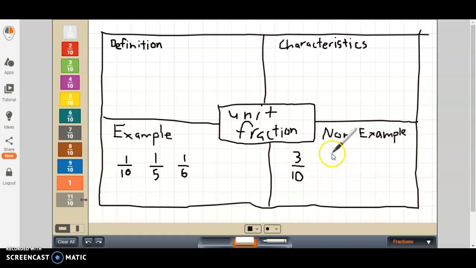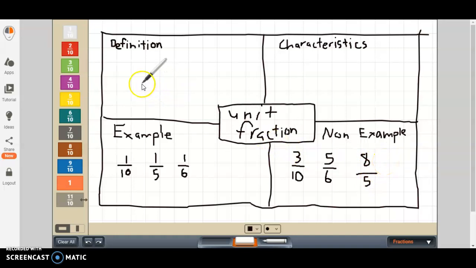Or even think about our first example, 5/6, which has 5 pieces, 5 unit fractions put together. Or even let's think about our fraction greater than a whole. We have more than one of our smallest pieces.